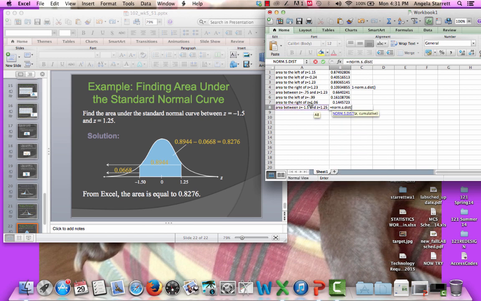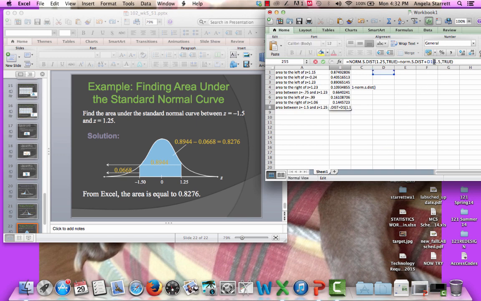All right, I start with the one furthest to the right, 1.25, and I have to subtract the area from the lower bound of negative 1.5. And Angie clearly made a mistake. I did not do negative there. Okay, this is a great teaching point.